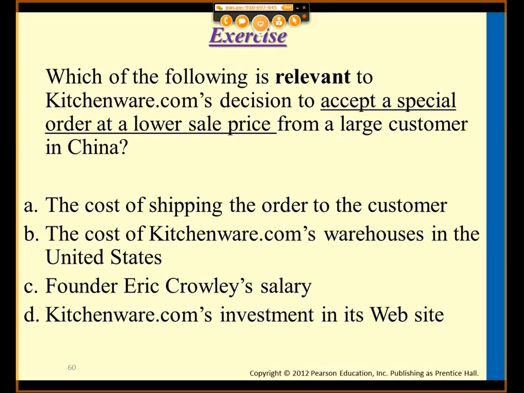A, B, C, D. Which of the following is relevant to make a decision to accept a special order? A, B, C, D. The cost of shipping the order. Good job.